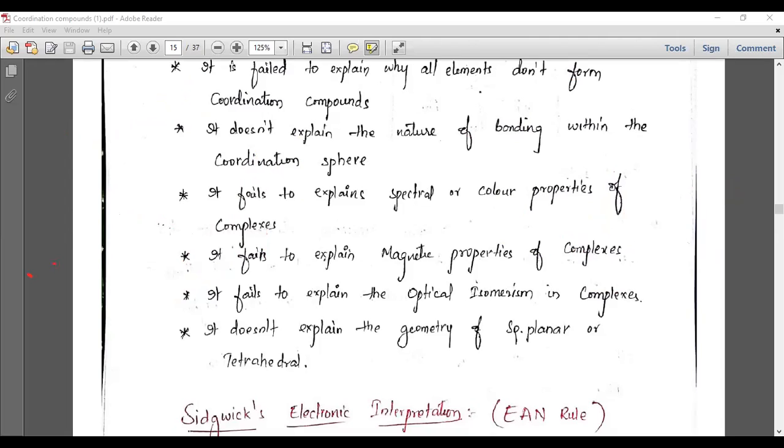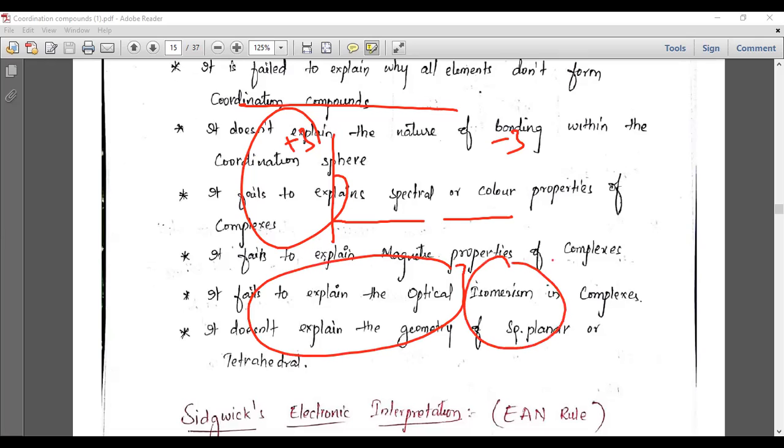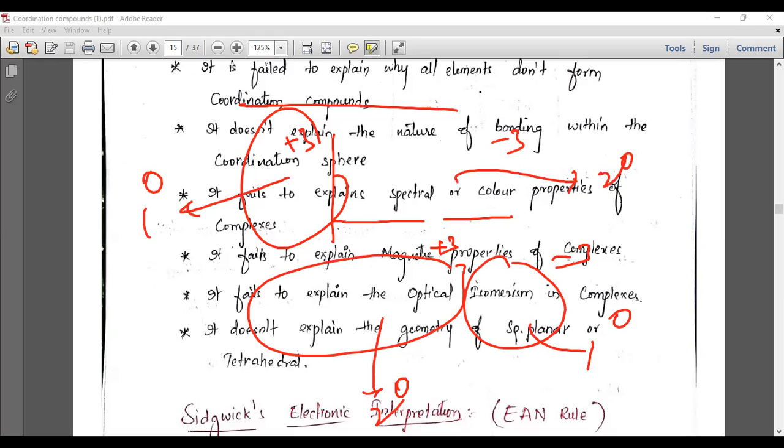This one is enough. What he said is, if there is +3 outside, then there is -3 inside. This comes under the ionic part, and this comes under the ionic part, -3 and +3, and this is the primary valency and these are the secondary valency. Here this K3 is the primary valency and these 6 cyanides are the secondary valency. He told only these things, but he didn't explain the color properties, magnetic properties, geometry.